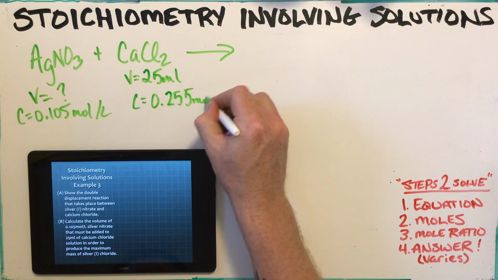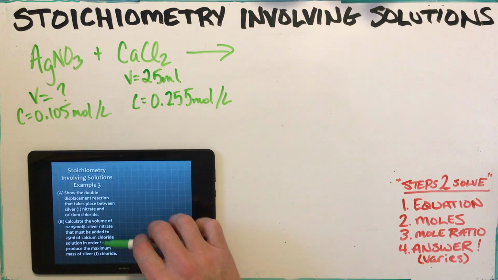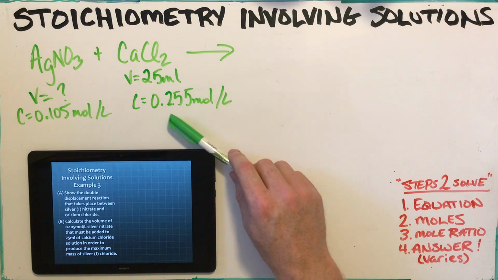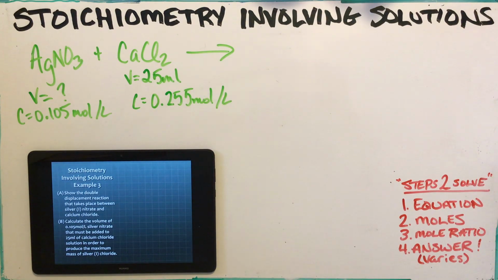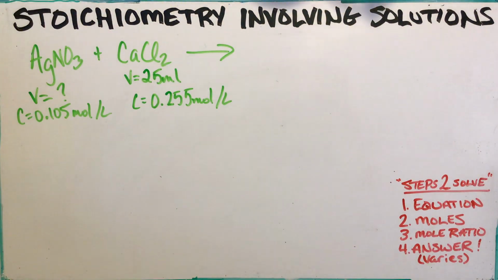The concentration of this was given in my original question. I forgot to type it in here. So the concentration of the calcium chloride was 0.255 moles per liter. I will fix that and I will repost this on the D2L site. All right, sorry about that. It'll all make sense though once I reload it.